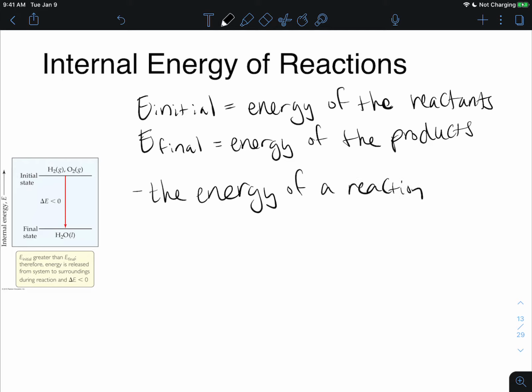The energy of a reaction is stored in the bonds. We have what are considered higher energy bonds and lower energy bonds based on what type of bonds they are, what atoms are involved in the bond, what the bond type itself is, how tightly those nuclei are held together. Okay, but in general, or always, it's always going to require energy to break bonds, and it's always going to release energy when bonds are formed.